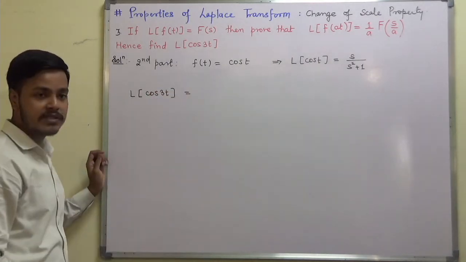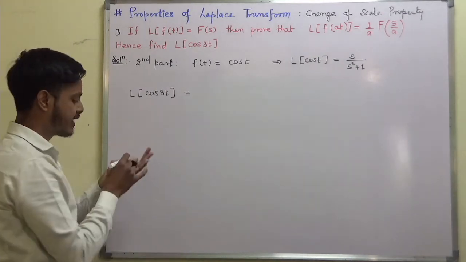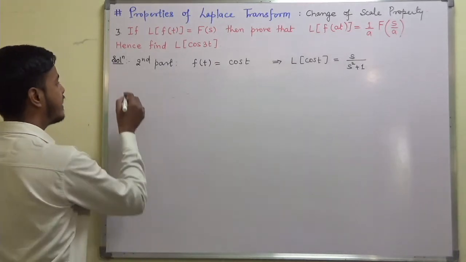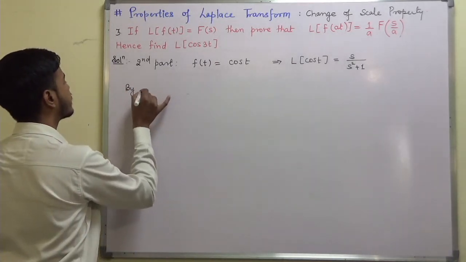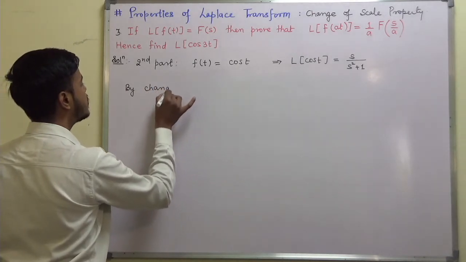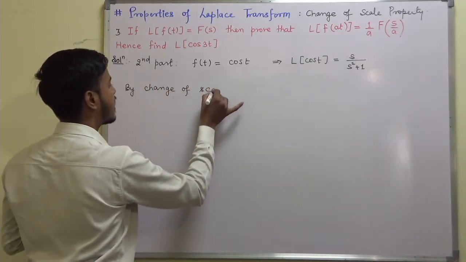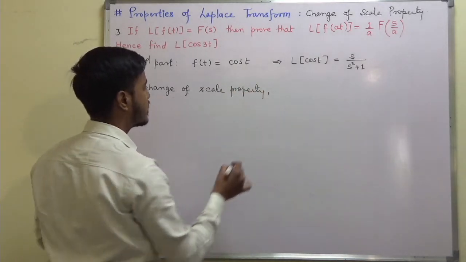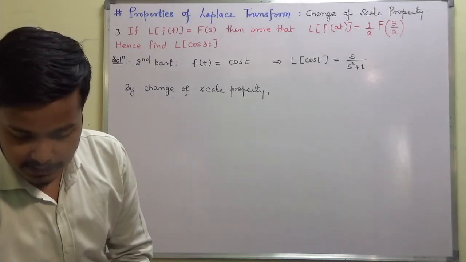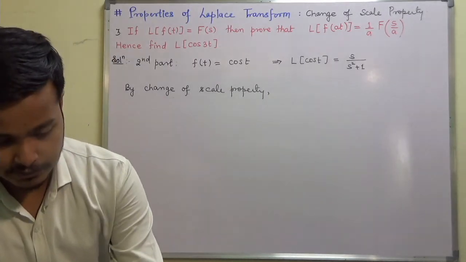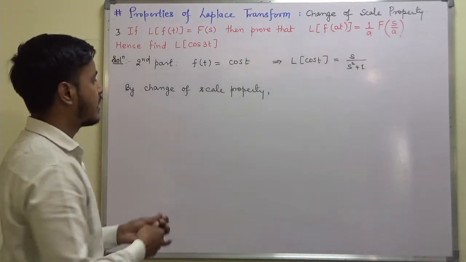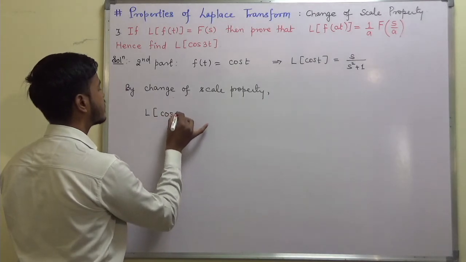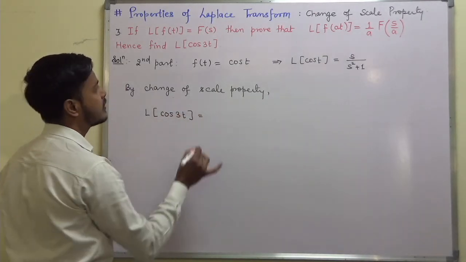So, by the change of scale property, you can write one simple sentence: by change of scale property, Laplace transform of cos 3t is equal to, what is it?